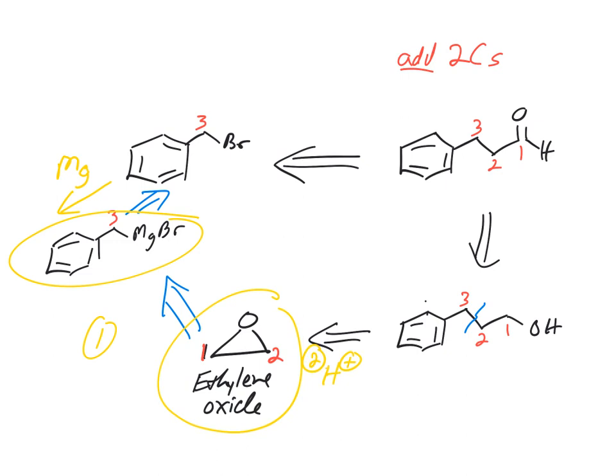You can see the bond that was formed right there between 2 and 3. 3 goes there, opens up, then eventually we protonate that. And how do we turn a primary alcohol to an aldehyde? Well, hopefully you remember, one of 2 ways we know how to oxidize: PCC, the milder reagent that takes a primary alcohol to an aldehyde and does not go to the carboxylic acid. And that gets us to the final product.